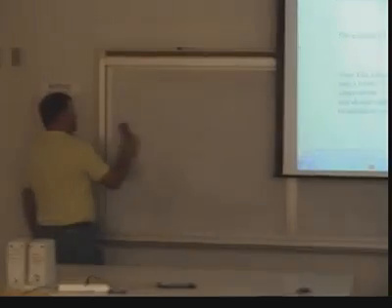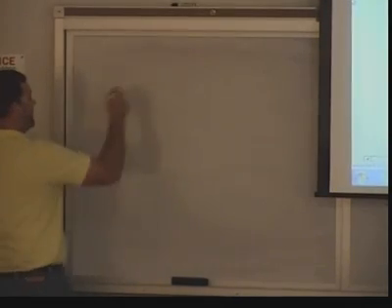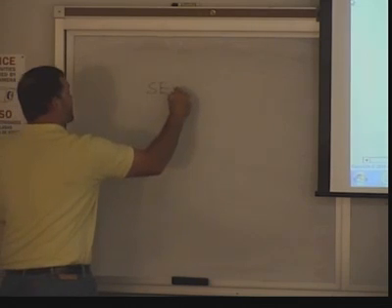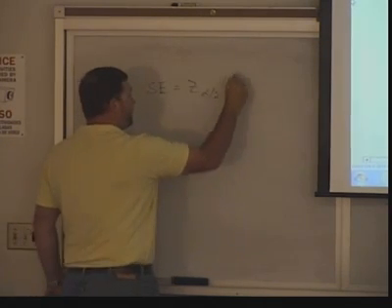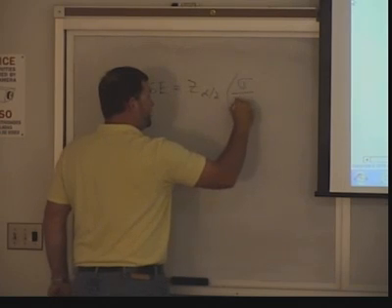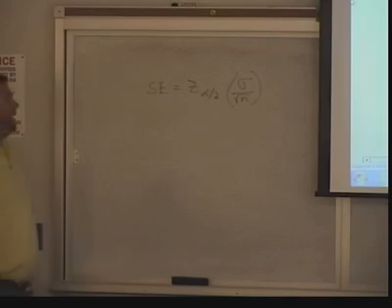So really on your homework, you'll be given all those values and you basically plug them into the formula. So SE, sample error, is equal to my confidence coefficient times the population standard deviation divided by the square root of the sample size.